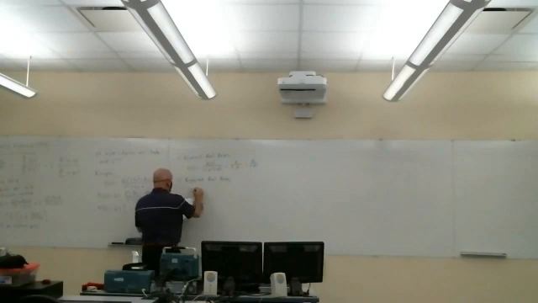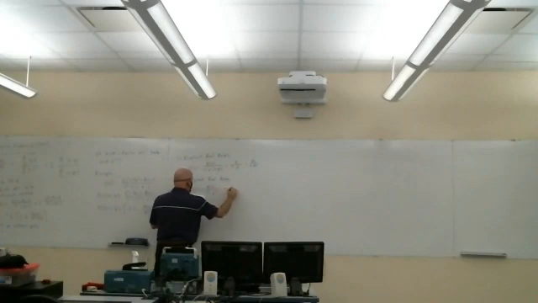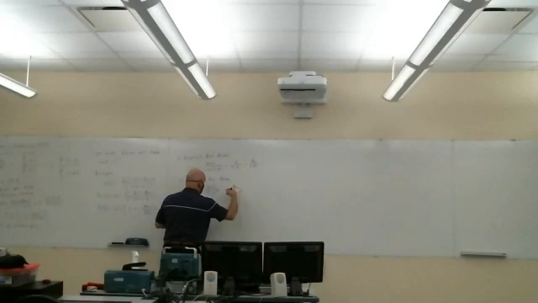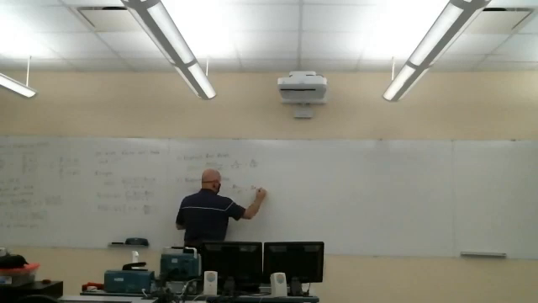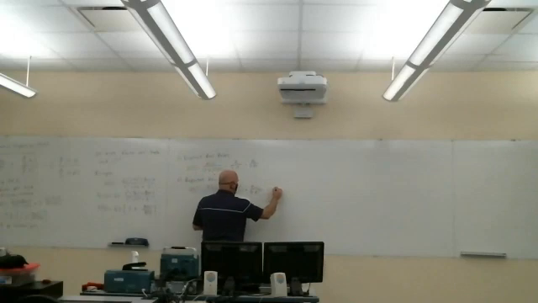With repeated real poles, say you get an s minus p to the m in the denominator, then you have a constant term over s minus p to the m, plus a constant over s minus p to the m minus 1, and so on and so forth, down to b1 over s minus p.